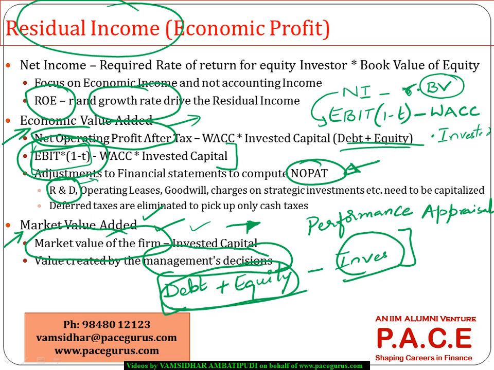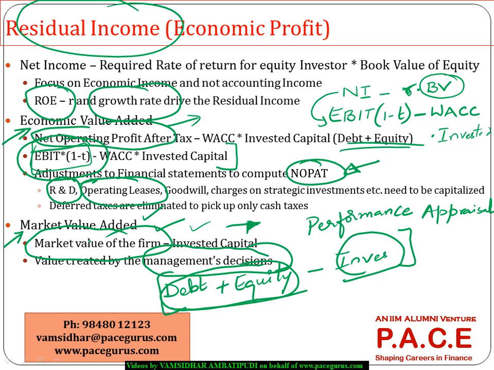R&D, generally you may treat it as a part of operating expenses. Operating leases, you will treat as operating expenses. Whichever things can be capitalized, you better capitalize and then go to the computation of NOPAT. Otherwise, we will see the results fluctuating very heavily.